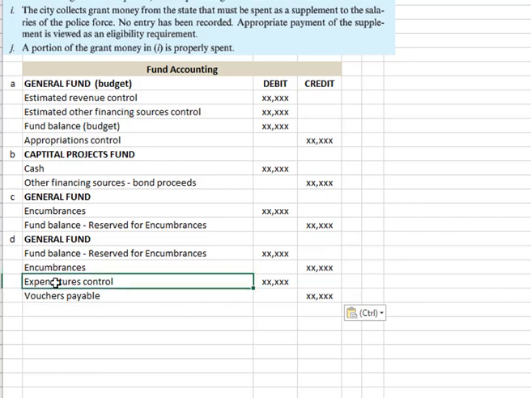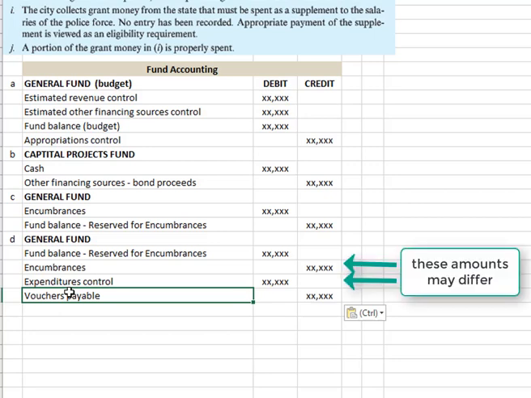The expenditure control and voucher payable may or may not match exactly with the amount encumbered. So when you order the computer, you may not have known how much the shipping was or how much the taxes were. You may know exactly the dollar amount, and so you may have encumbered exactly the amount that would be invoiced, but you may not. You may have had an estimate when you encumbered it.